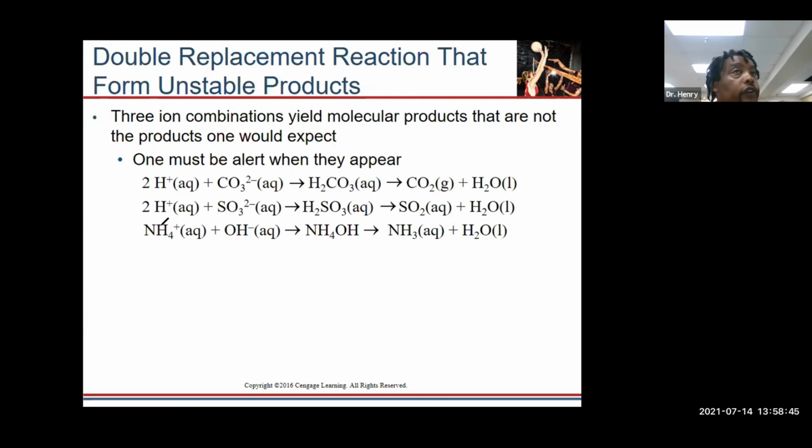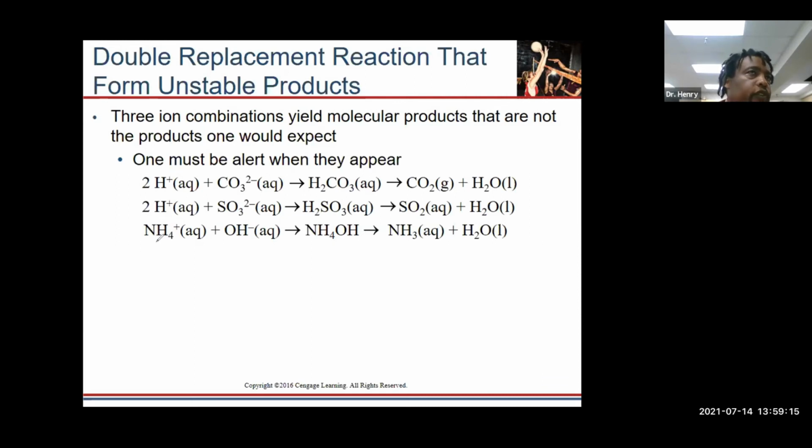Same thing with sulfuric acid: if we're forming it independently, from a source of H plus and an SO3 2 minus, it forms an unstable form that is broken down almost instantaneously to sulfur dioxide and water.